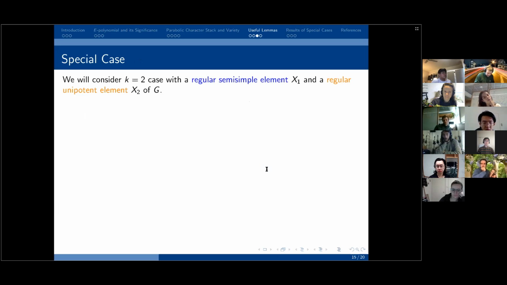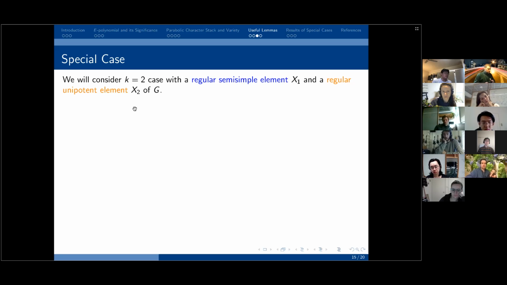In this talk, we will consider the two punctured case, which means the case k equals 2, and I will choose x1 as a regular semisimple element and x2 as a regular unipotent element. Briefly, a regular semisimple element means a diagonalizable element with every eigenvalue different. Regular unipotent means unipotent with one Jordan block.